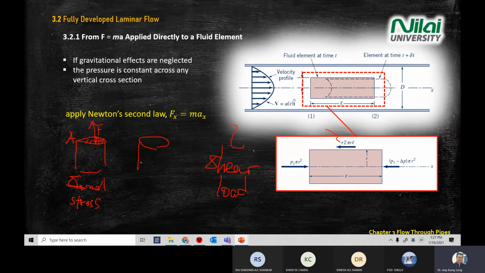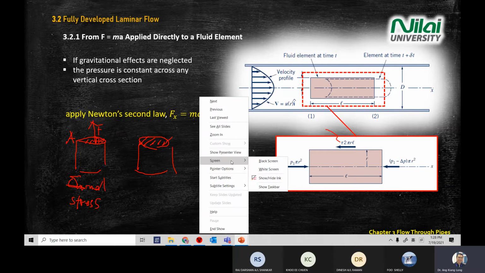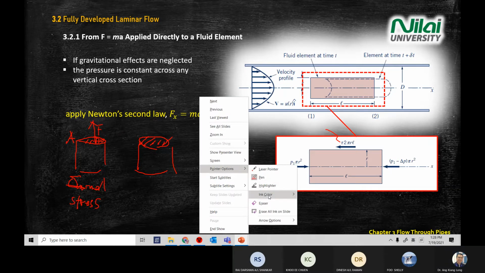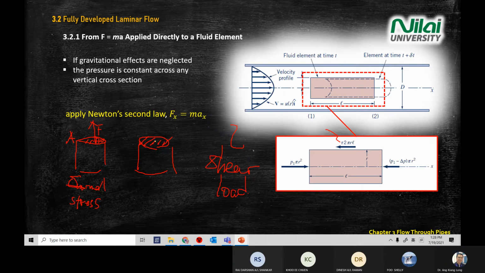Second scenario: I don't change the force and the area, but I tilt the force. When the force is parallel, in the same direction as the area, this combination gives you shear stress.